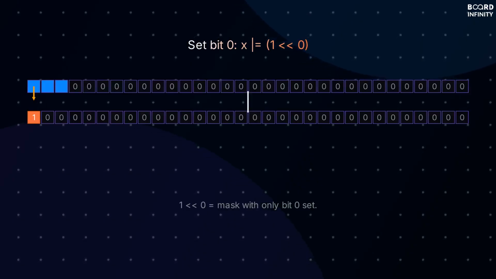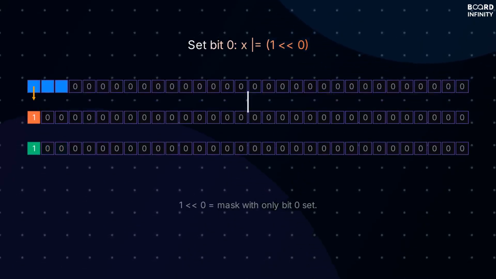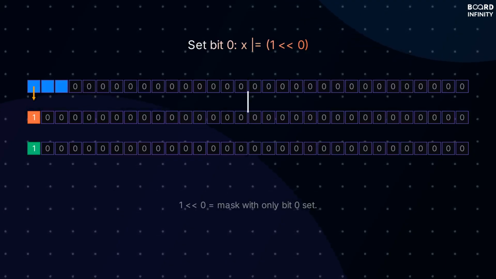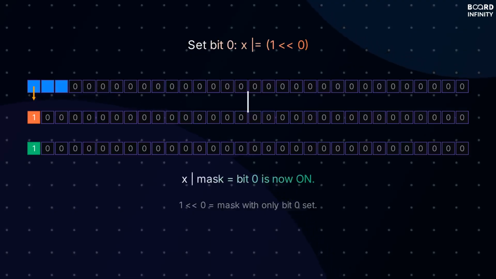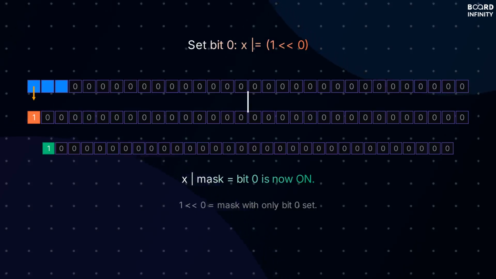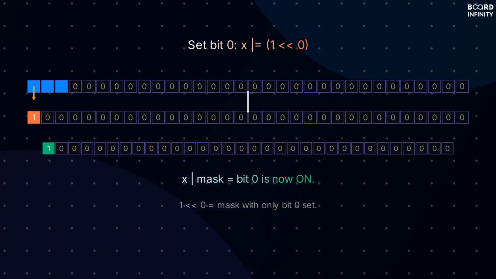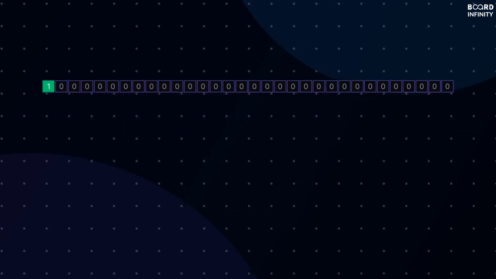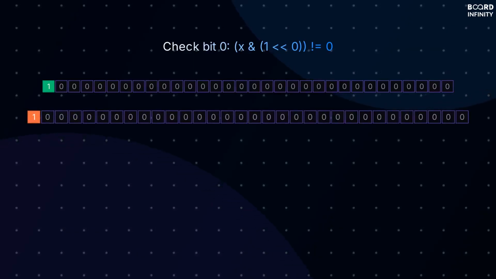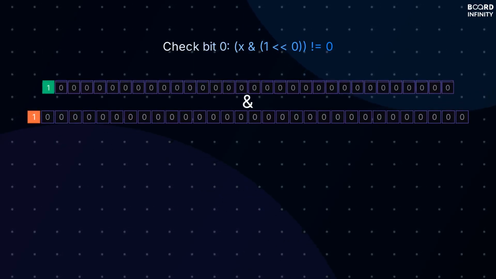Then, we perform a bitwise OR operation between our original integer x and this mask. This operation ensures that bit 0 in x is turned on, while all other bits remain unchanged, effectively setting our isPremium flag. To check if a specific bit, like bit 0, is currently on, we use a bitwise AND operation with the same mask.